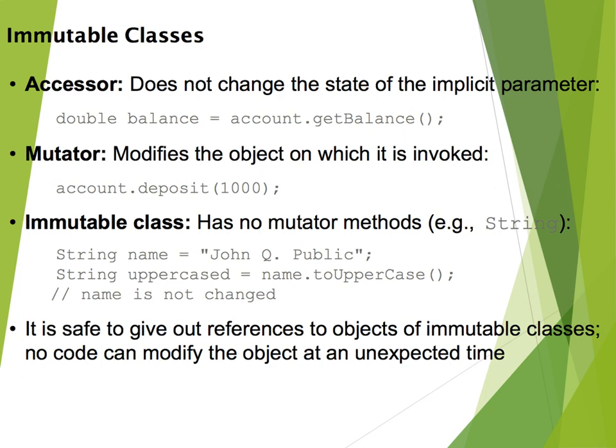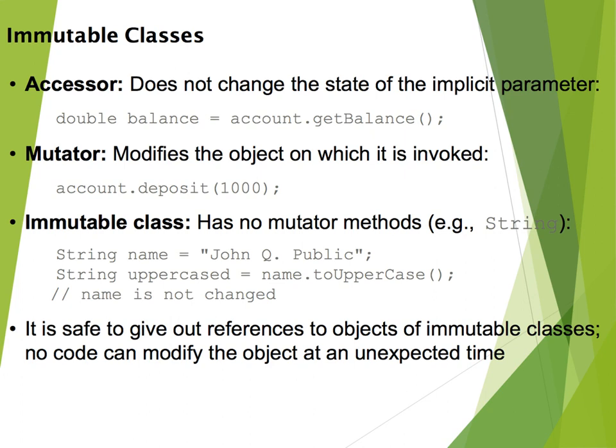For example, if you create a string variable called name, and you set it equal to John Q Public, with some letters uppercase and some lowercase, and then you call the method toUpperCase on object name, it doesn't change the value of name.